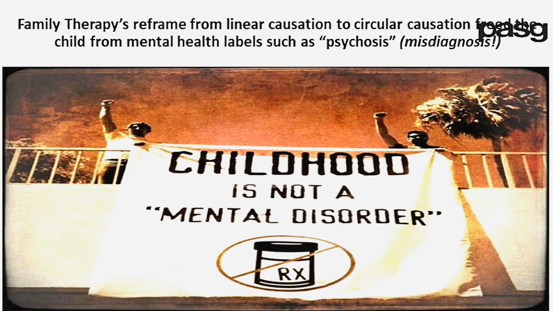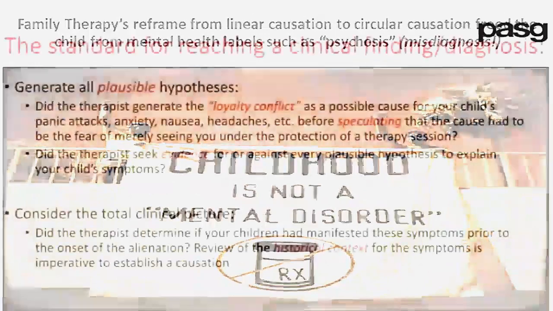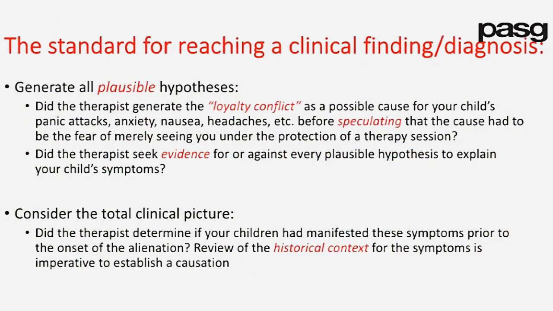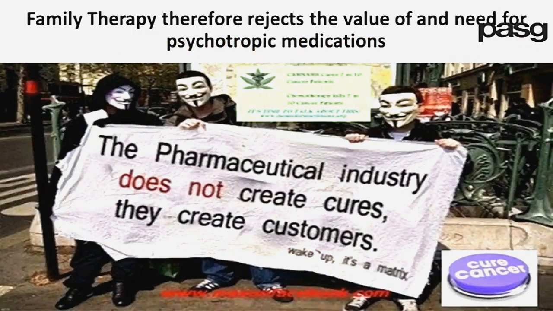And this is another pet peeve of mine with the way alienated children are treated, because then they are put on psychotropic medications, which are really unnecessary. Those medications cause a chemical imbalance. The child's symptoms are a result of the situation of triangulation. That is not a chemical imbalance and should not be treated as such.